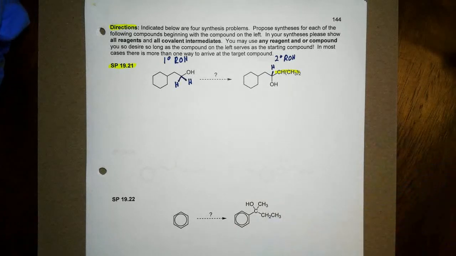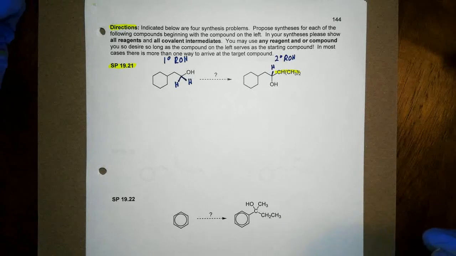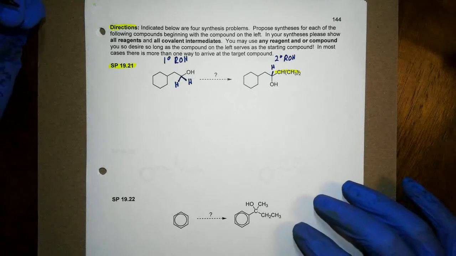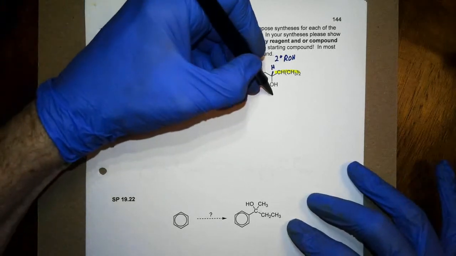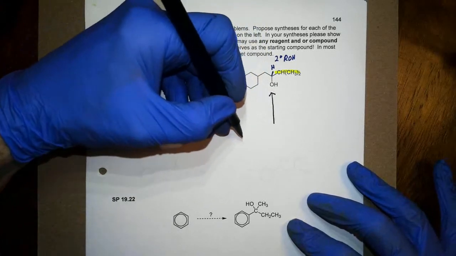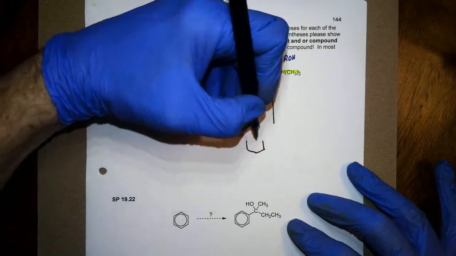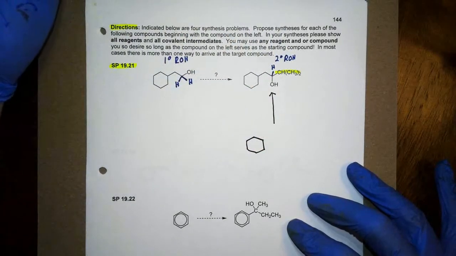In other words, a reaction of a Grignard reagent with an aldehyde would give us a secondary alcohol, right? Okay, so let's think about doing this in reverse. What if I had this substrate? Okay, all this that you're looking at on the left-hand side is just part of the molecule.